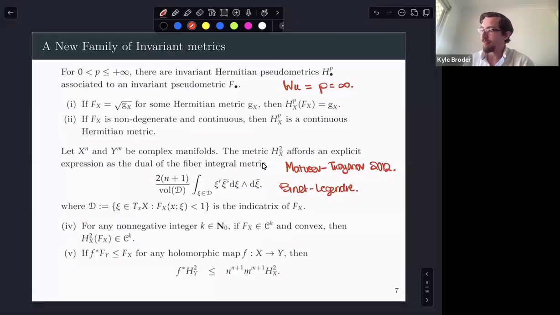In particular, if you start with a C^k Finsler metric that's also convex, the latter assumption is not so troublesome because you can always pass to the Busemann construction, then the Binet-Legendre metric is also C^k. So this is very, very nice.